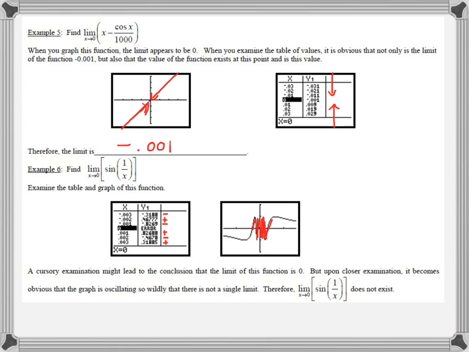So we call that a wild oscillation. When you have a wild oscillation, the limit does not exist because you cannot come up with one defined value for the limit, since it's just going crazy in the middle. So if you ever have a wild oscillation graph, you would say the limit does not exist.